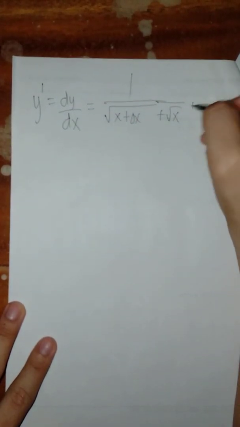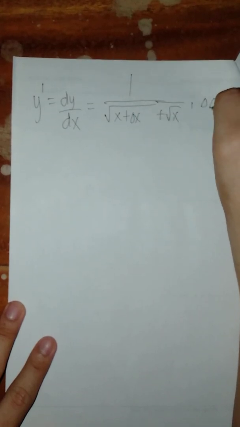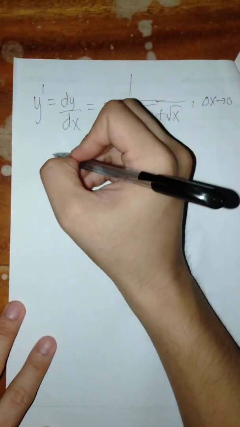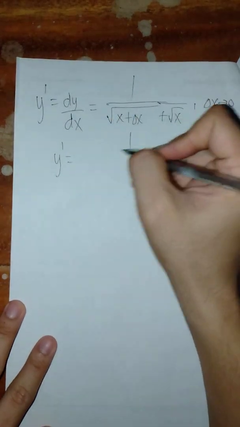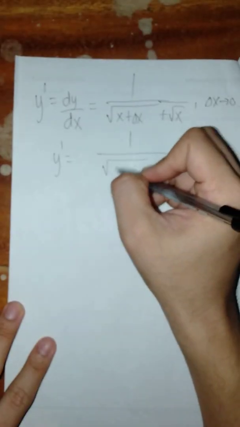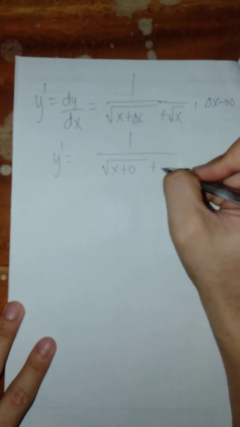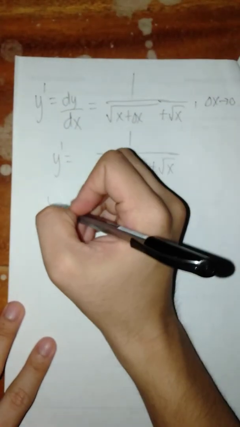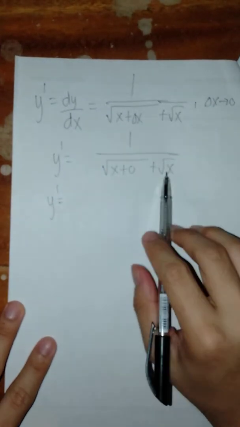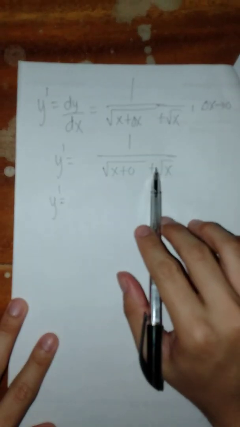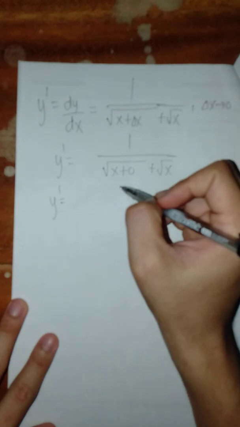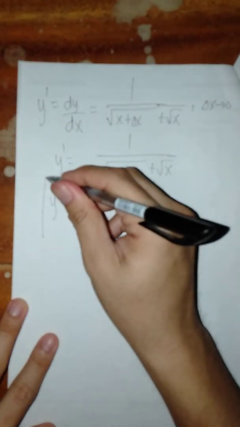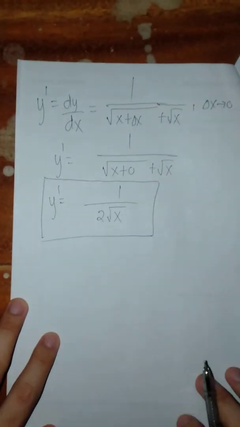Gagawin mo, yung delta x, papalitan mo ng 0. So y prime is equal to 1 over the square root of x plus 0 plus square root of x. And what is that? Since parehas yung radicand, mag-a-add yung coefficient. 1 plus 1, so that's 1 over 2 square root of x. And this is, guys, your derivative of this function.